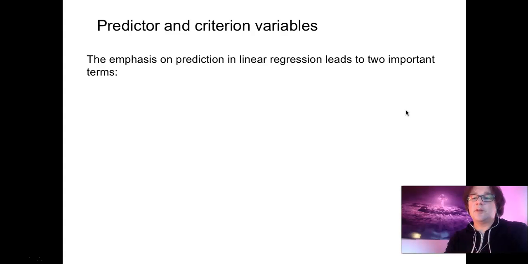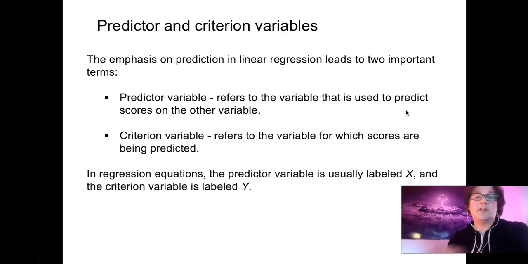Okay, so we spoke a little bit about predictor and criterion variables, but let's just do a recap here. The emphasis on prediction in linear regression leads to these two important terms: predictor variable and criterion variable. A predictor variable refers to the variable that is used to predict scores on another variable.